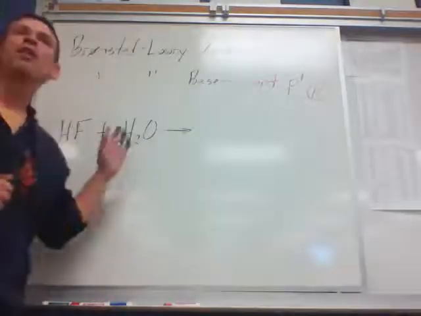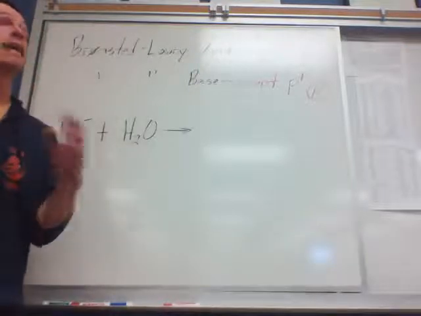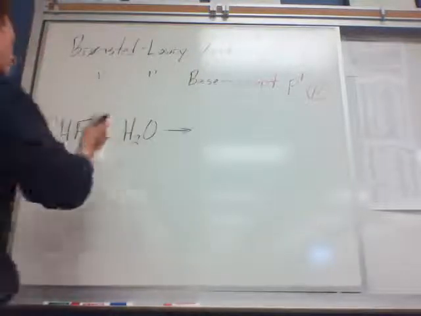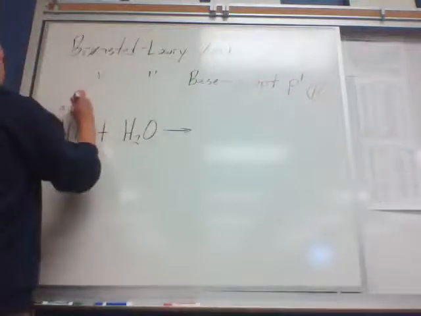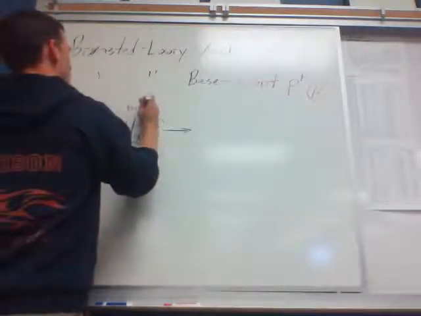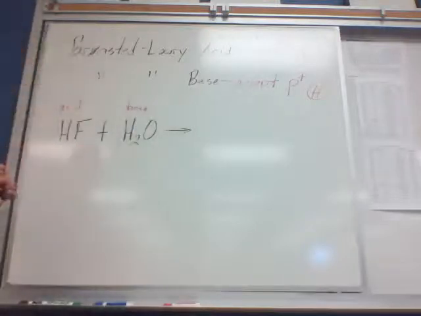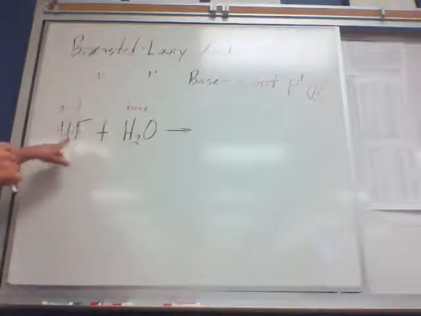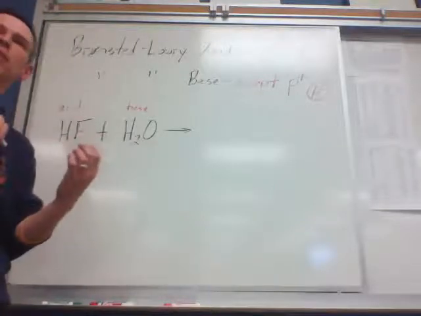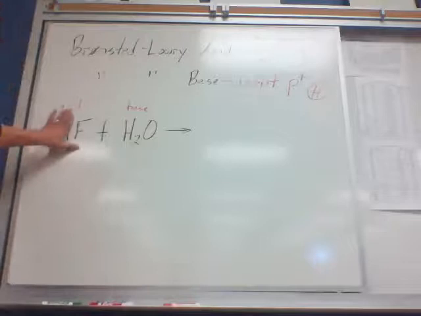Now, careful of water because he can act as an acid or a base depending on the setting. But right away, I can identify this guy as an acid. So I know water will act as my Bronsted-Lowry base. I'm going to follow my rules that says the acid wants to give away an H while the base wants to gain one. If the acid gives away an H, I can see right there what's going to be left.